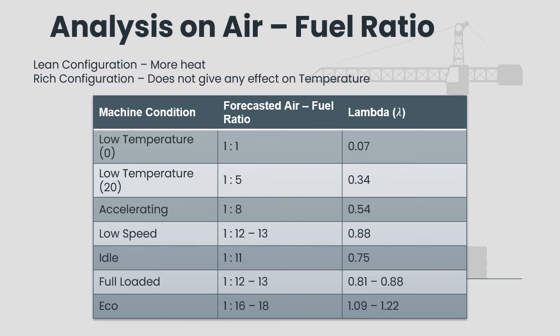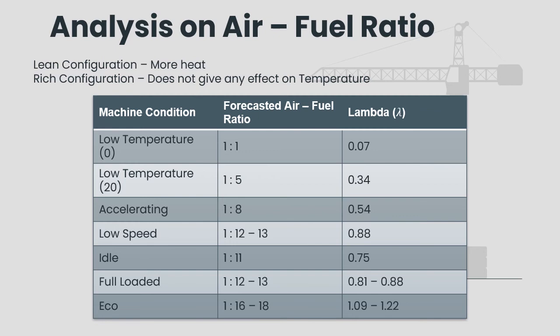On low temperature, the forecasted air-fuel ratio is richer. The condition could make the engine unable to ignite and need additional fuel to run. When accelerating, the engine becomes more airy, therefore it needs more fuel so it becomes rich. At low speed and idle, the engine becomes lean.